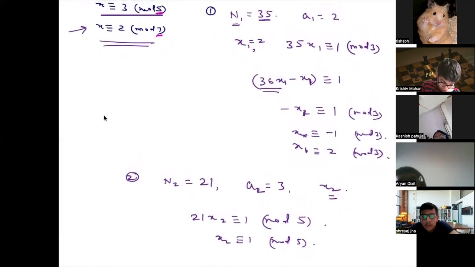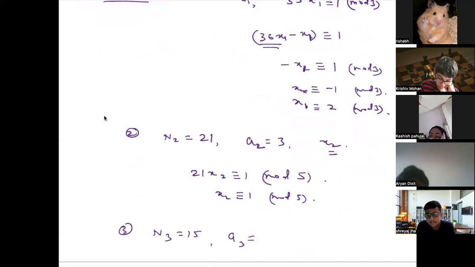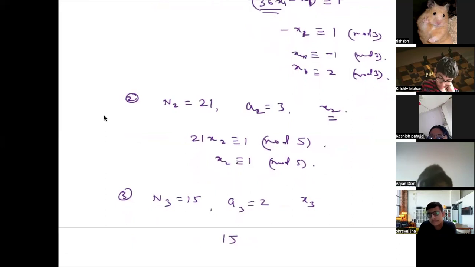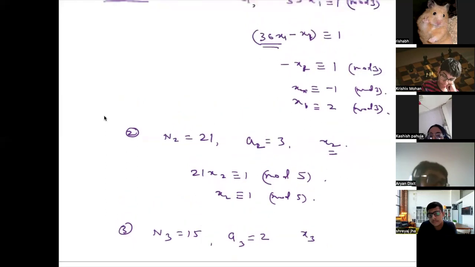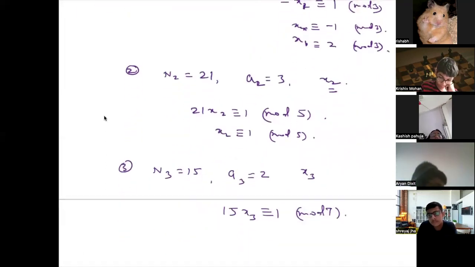This x is congruent to 2 mod 7. So I can say in the third case, N3 is nothing but 15. A3 is given as 2. And X3 we can find as 15 X3 congruent to 1 mod 7. So when I divide this by 7, I'm getting X3 congruent to 1 mod 7.